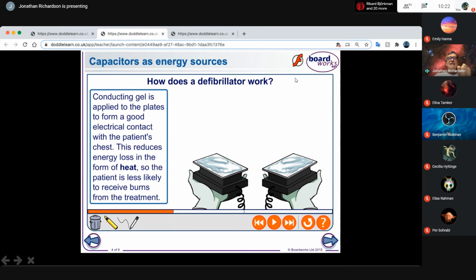And you can see the hand, what would I call them, contacts. And you can actually see how the plastic, the insulating material, does keep the hands protected away from the conducting plates.